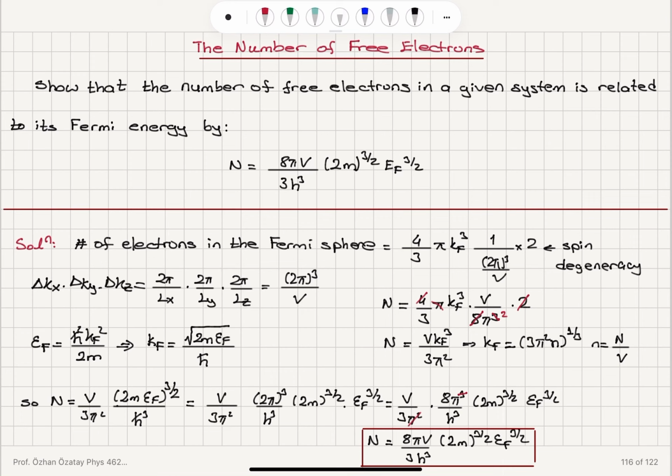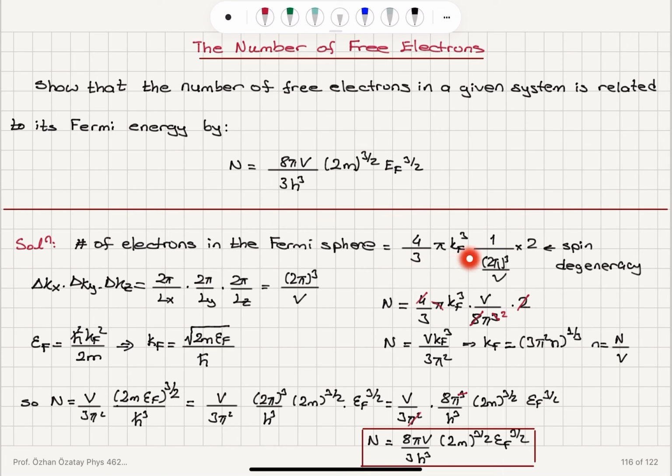So how did we go about this problem? The number of electrons in the Fermi sphere is the number of states in the Fermi sphere multiplied by 2, because for each state we can put 2 electrons, spin up and spin down, which is the maximum allowed by the Pauli exclusion principle. Now, what is the number of states in the Fermi sphere?